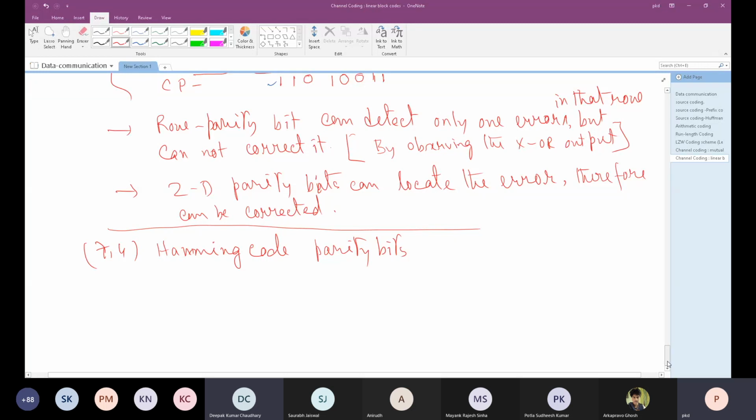As we have discussed before, there are certain rules that need to be followed for generating these parity bits. For 7-4, we will be using 3 parity bits.